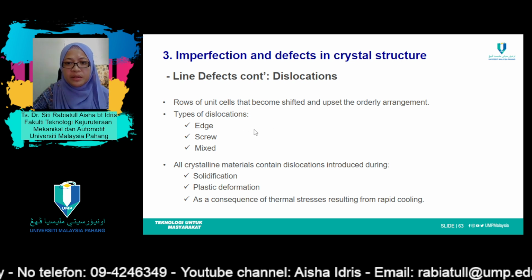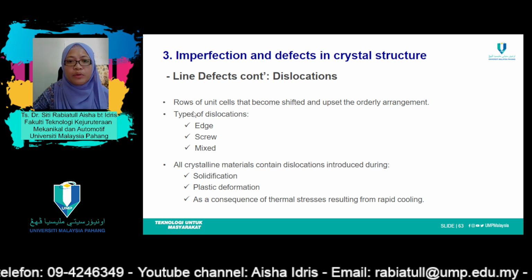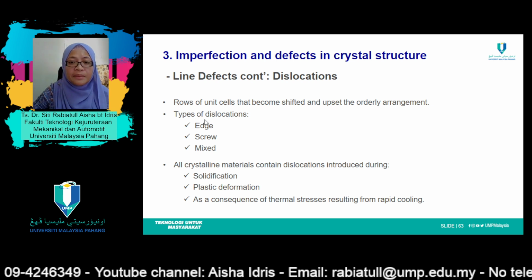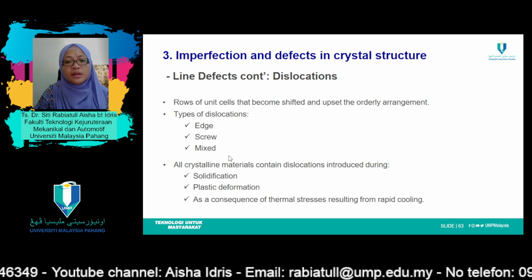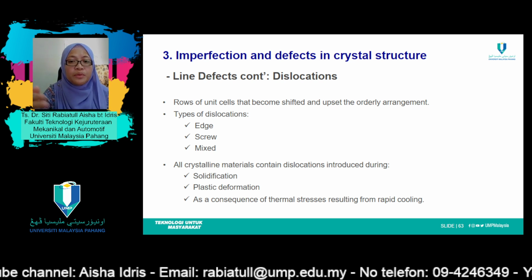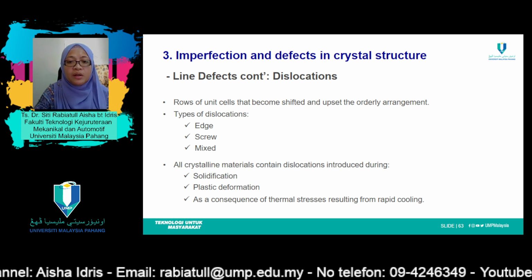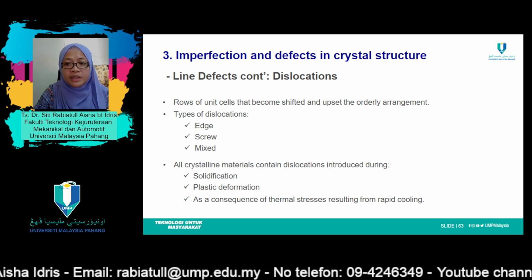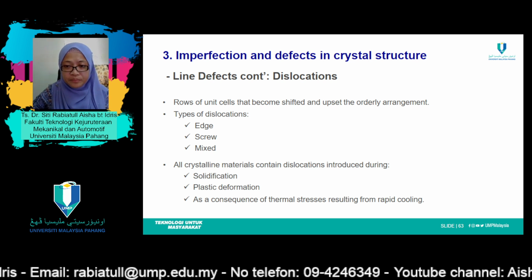Okay, continuation for line defects or dislocation. Types of dislocation include edge, screw, or a combination of edge and screw. Later on, we'll see the figure for edge and screw dislocation.